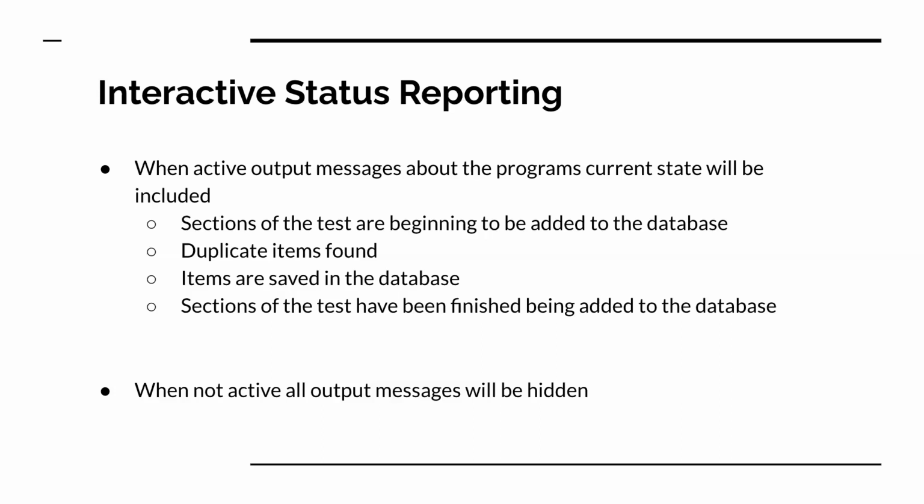It includes messages such as when it starts inserting a section of the test report to the database, when it finishes doing so, if it finds any duplicate items, when items are saved, and so on and so forth. By not including this argument, it simply hides all of those messages, so it can be used for debugging or ignored if the user doesn't need that information.